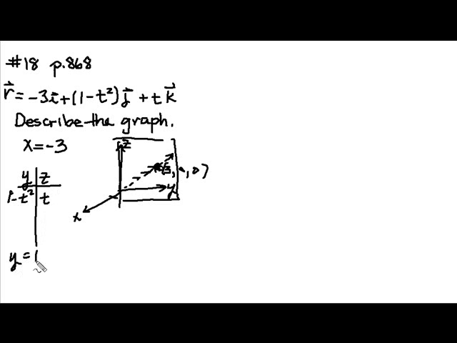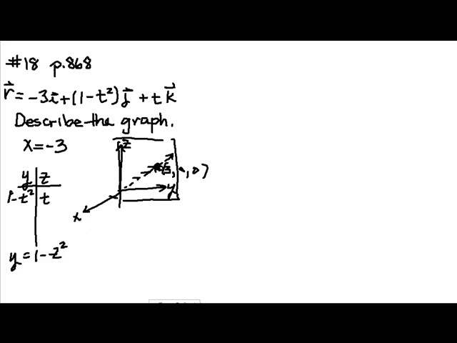So in our yz plane, we're going to have a parabola, and y is a function of z, so it's going to be a sideways opening parabola, and it's going to open towards the negative side because the z squared term is negative. So let's just sketch that in there real quick.